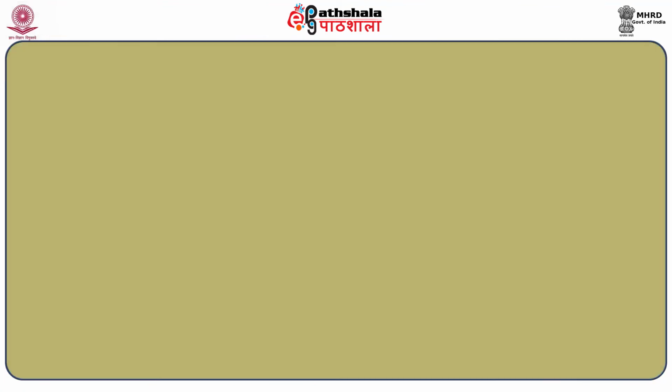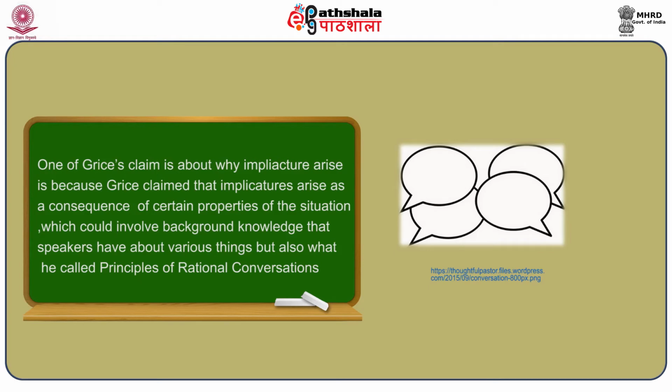But the example with used to and not anymore is actually independent of the particular situation in which you utter it. Anytime someone says that John used to smoke, and there is no explicit information to the contrary in your context, you will infer that John doesn't smoke anymore. Grice claimed that implicatures arise as a consequence of certain properties of the situation.